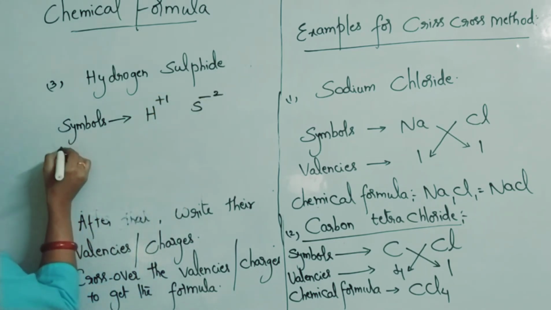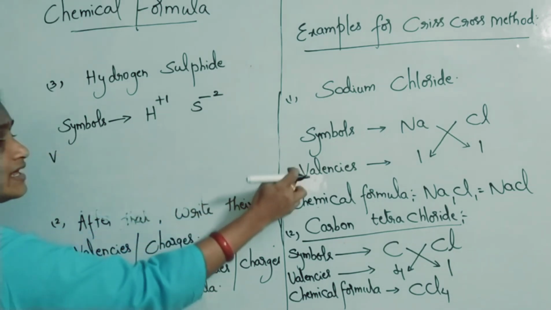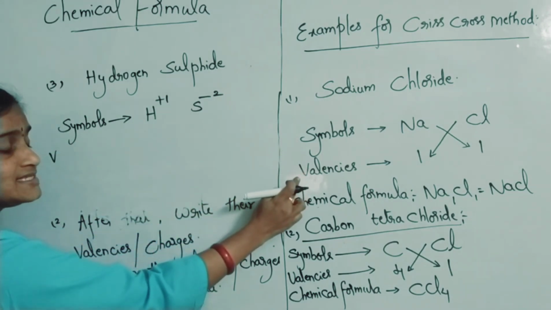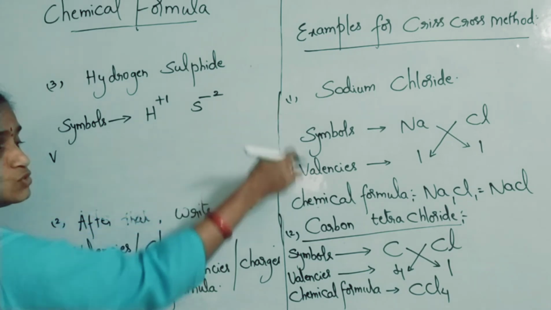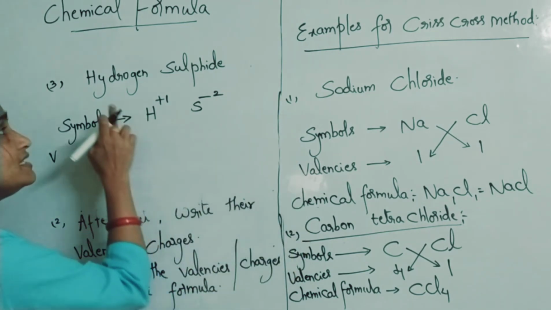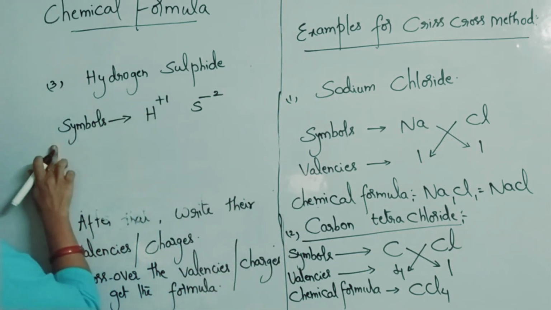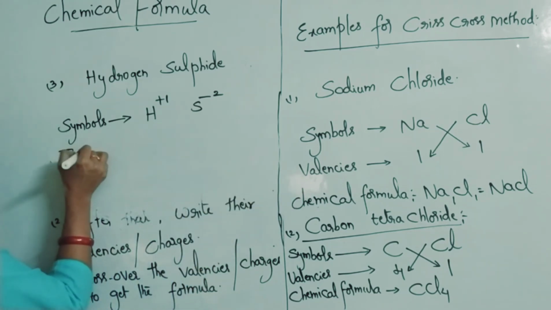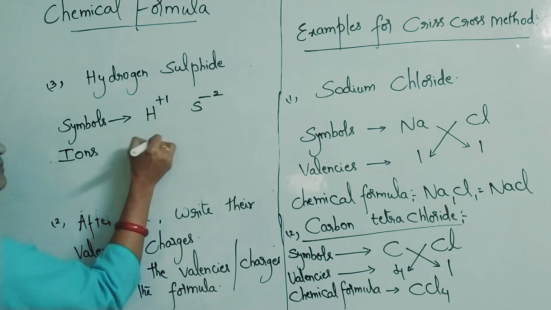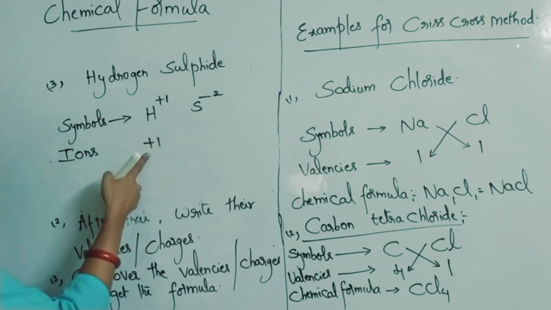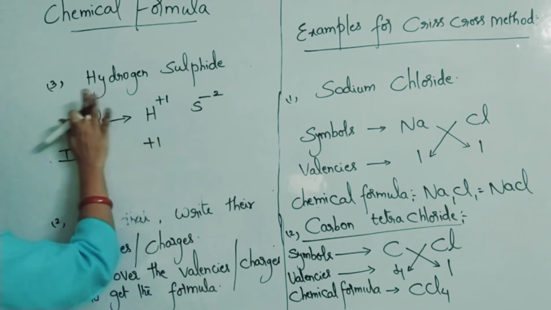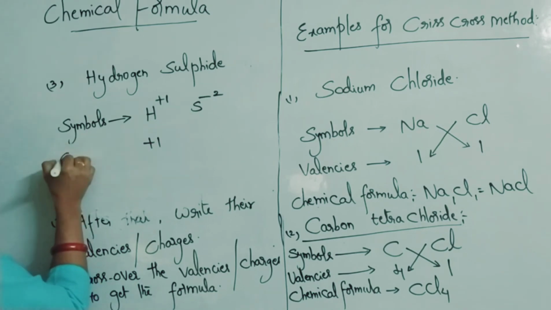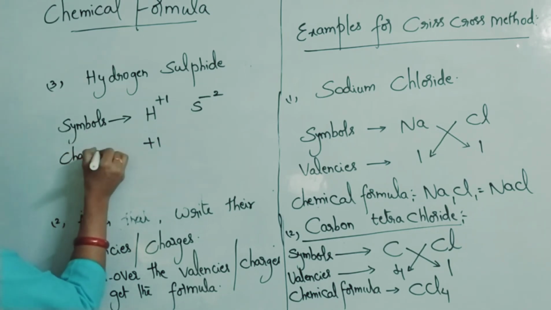Earlier, after writing the symbols, I wrote valencies for those two examples. But these are ions, so instead of the word valencies, I will write the word charges.